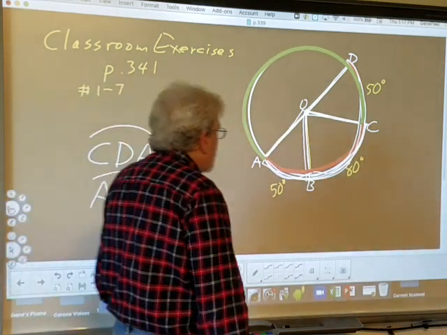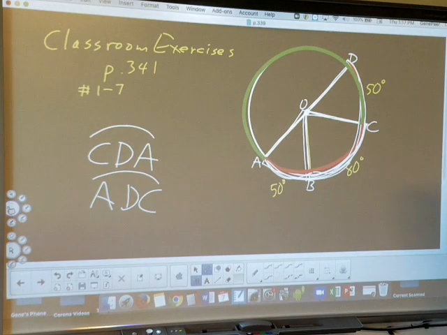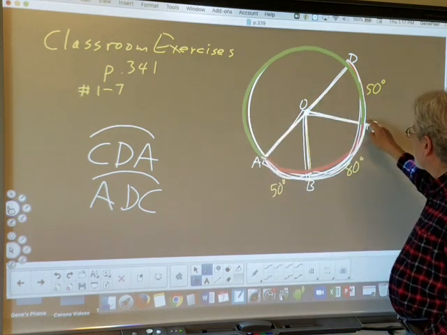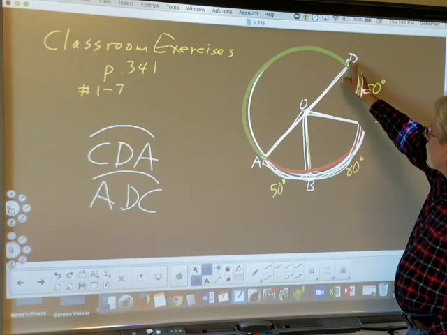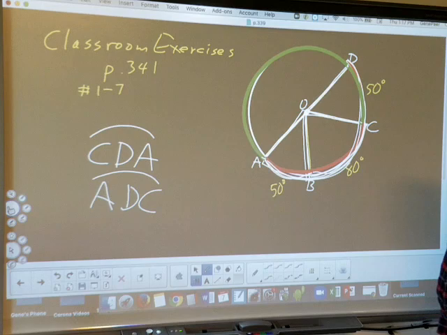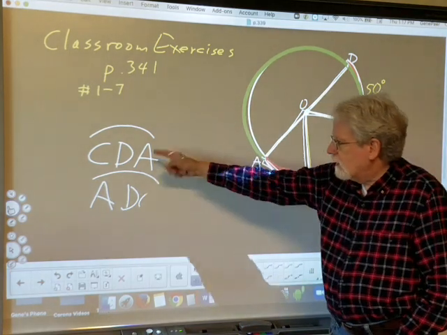In this diagram, there is no other name I can give that arc, because between A and C, I only have one reference point. I've got to go through D. So we put D in the middle. These two arcs are the same arc.